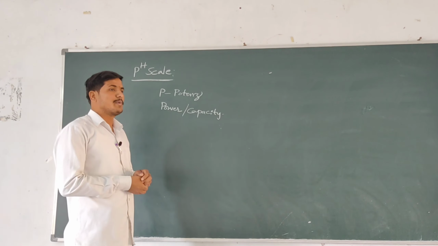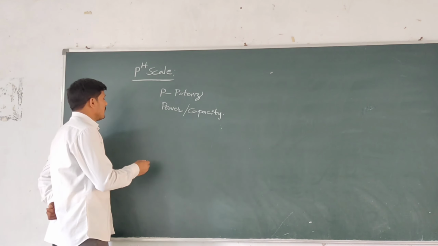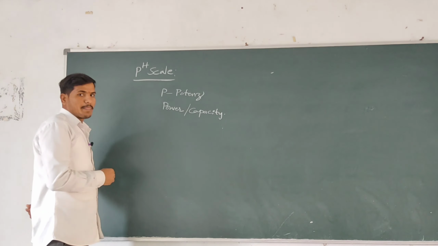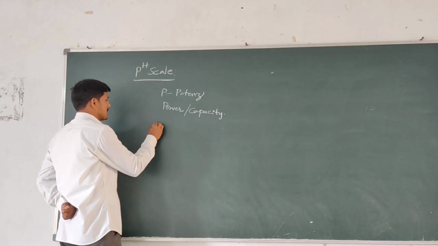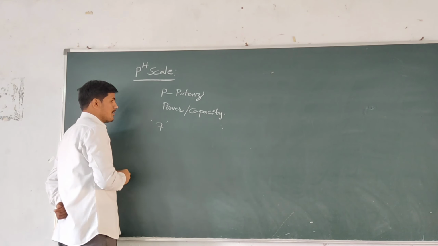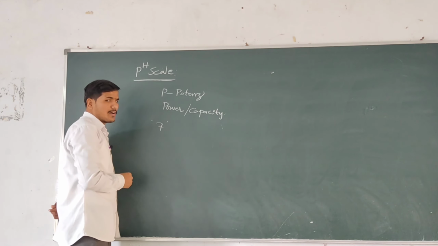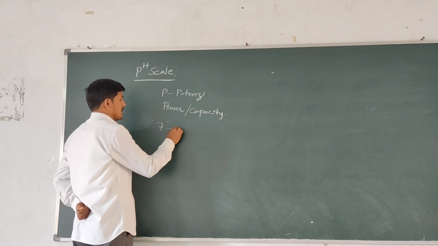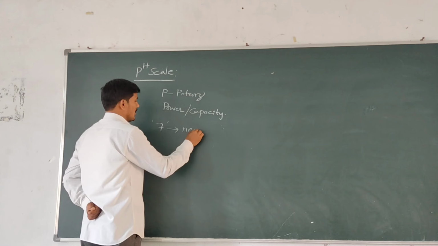When the pH value is 7, the value of 7 on the pH scale indicates that the nature of the solution is neutral.